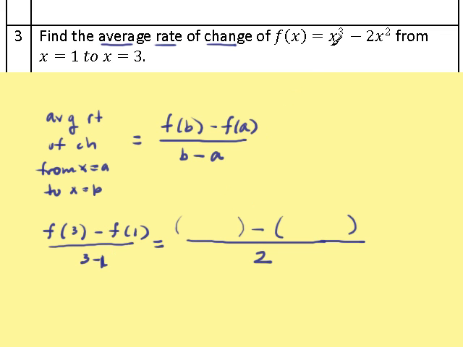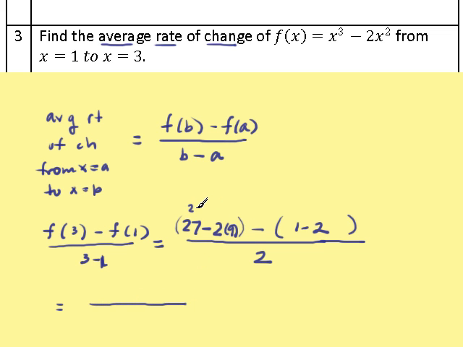3 minus 1 is 2 for the denominator. Okay, f of 3. 3 cubed is 27 minus 2 times 9. And now let's do f of 1. 1 minus 2. All right, let's simplify this. So we have in the numerator, this is 27.